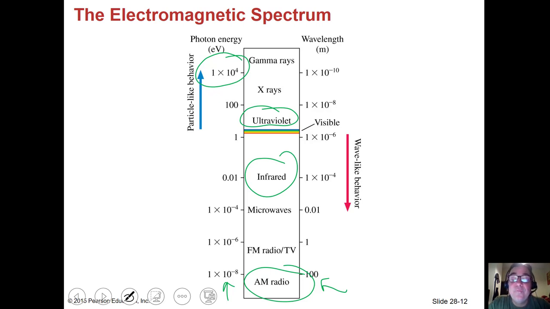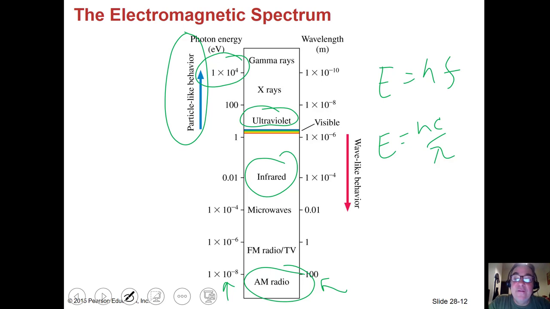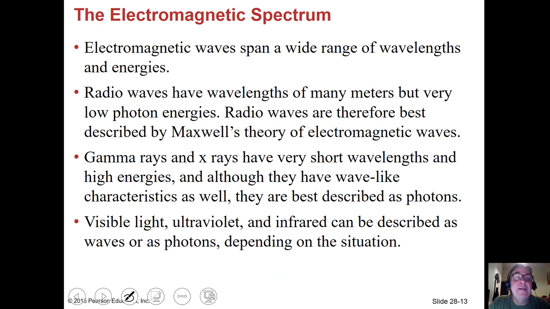Same thing that we had before: h times f. If you know the frequency, you can calculate the energy, or hc divided by the wavelength. You can also see particle-like behavior occurs when the energies get greater, and wave-like behavior down here. Electromagnetic waves span a wide range of wavelengths.